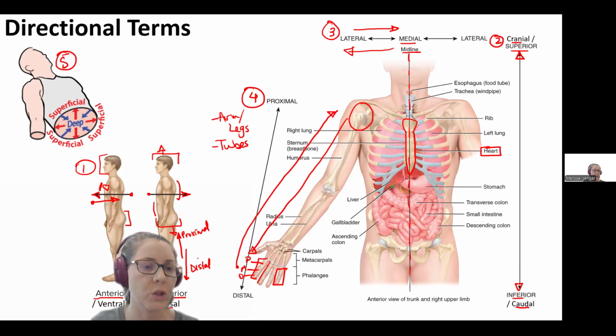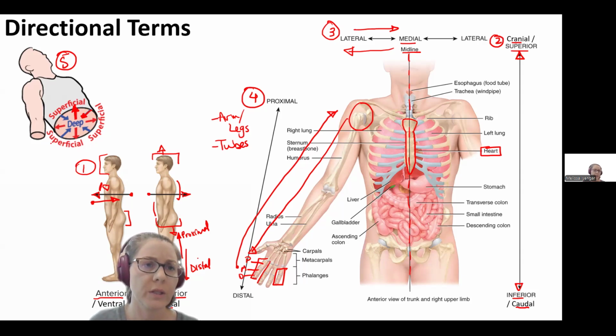Your skin is superficial. If I go towards the surface, it's superficial. And when I go away from the surface, that is deep. You notice how deep is all the way around and superficial is all the way around.